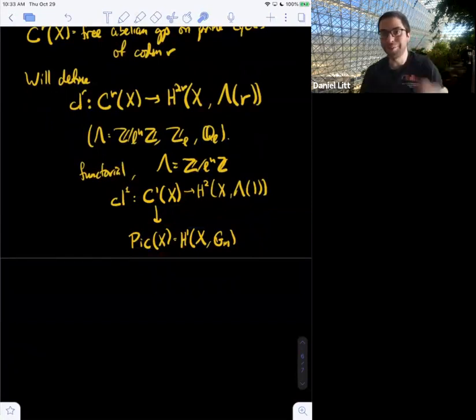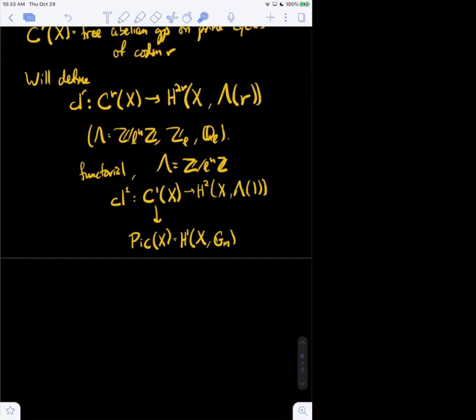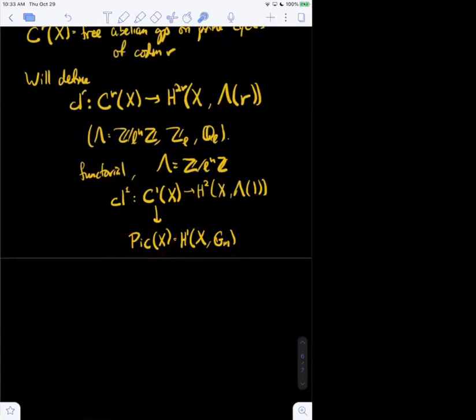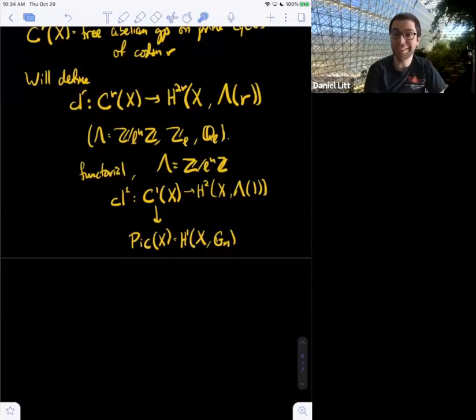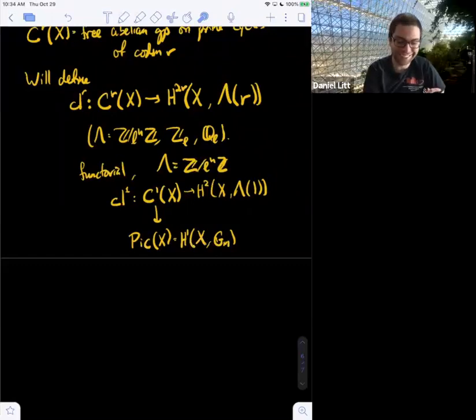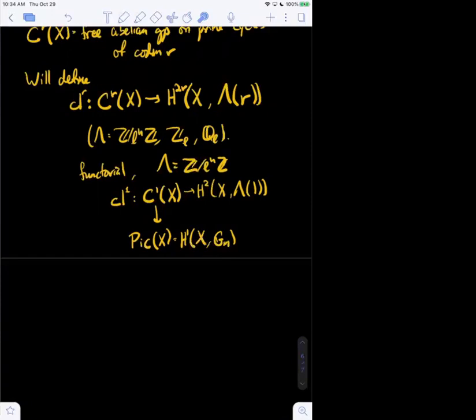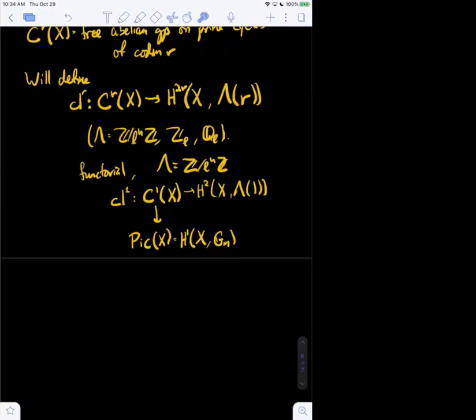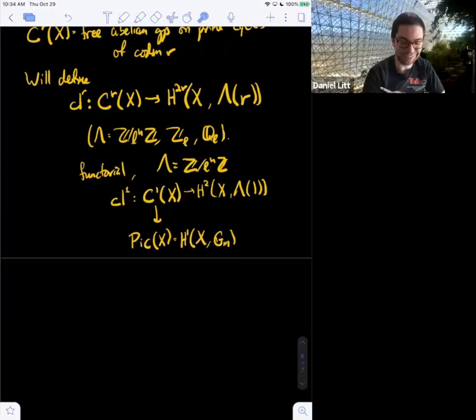Explicitly, how do you associate to a codimension 1 cycle a line bundle? Just take D and send it to O(D). Another way of saying that is you send a cycle to the dual of its ideal sheaf. So you send D to O(D), or a cycle to the dual of its ideal sheaf, and then you extend by linearity.